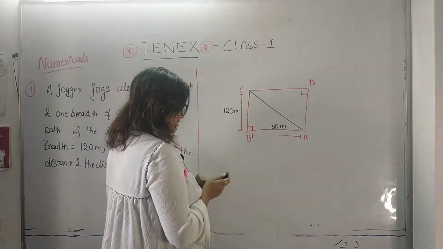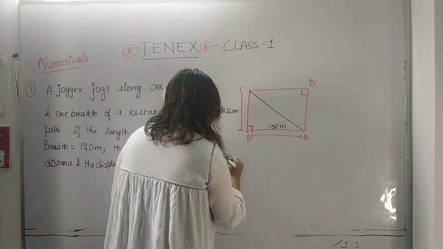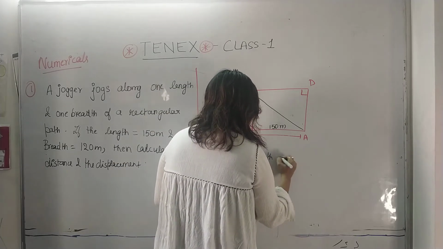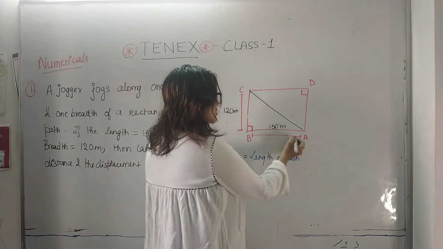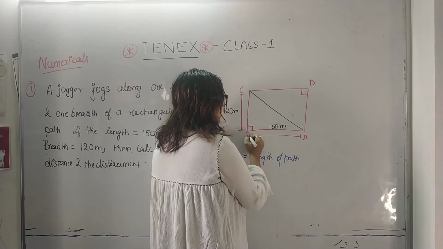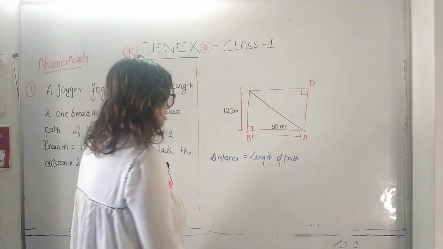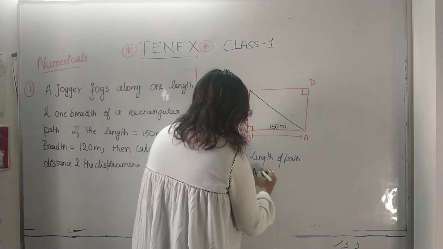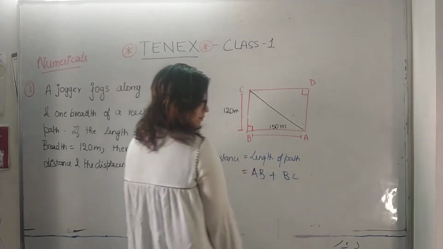So guys, the distance that he travels is actually equal to the length of the path that he travels. So that means A to B plus B to C is equal to the length of the path he travels, okay. So I can write that distance is equal to AB plus BC, okay.